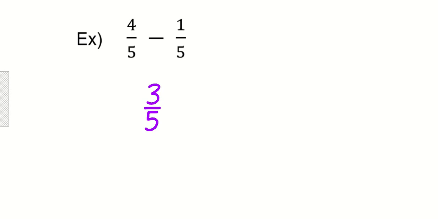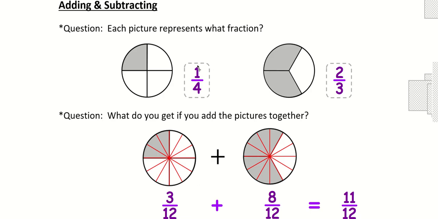Kind of like how back here, 1/4 and 3/12 were basically the same fraction. Think about it. If I said, hey, let's take 3/12 and reduce it, you remember that from middle school or elementary school even.